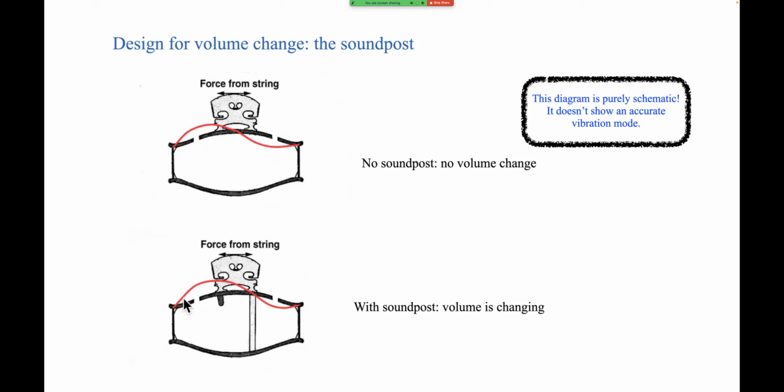And then, corresponding to my red line in the top sketch, we get something which still goes up on one side and down on the other, but the post has shifted it so that it's no longer symmetrical. The bulge going upwards displaces more volume in the air than the bulge going downwards. There's now a net change of volume, and straight away the sound radiation will be stronger at low frequencies. It'll have better bass response.